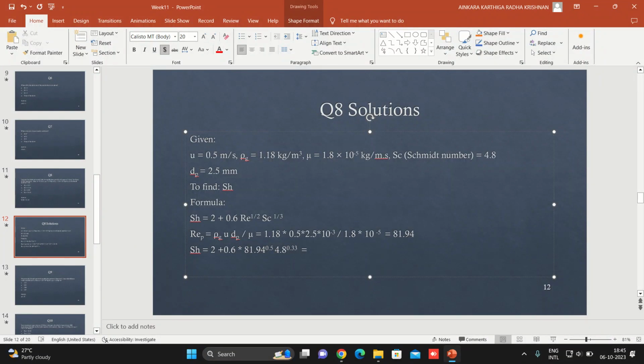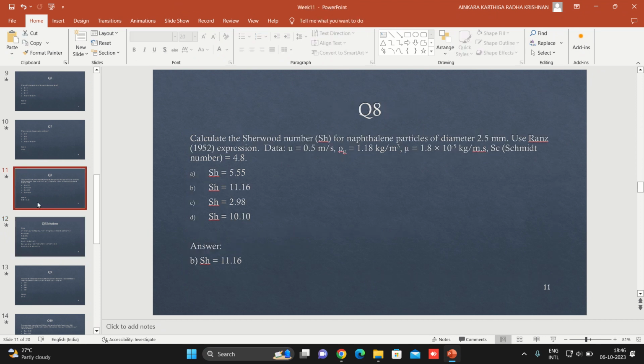So what is this giving us? 4.8 power 1 divided by 3 is 1.52, into 0.6. Actually, what is the answer? 11.16, right?